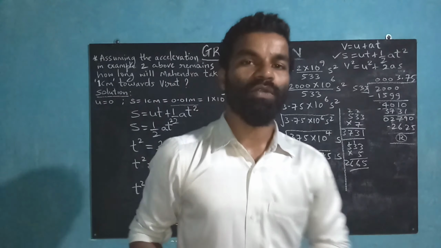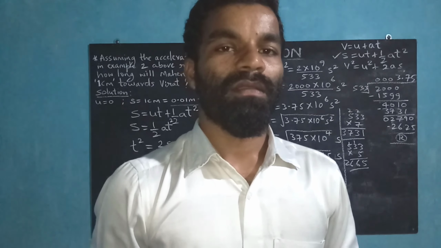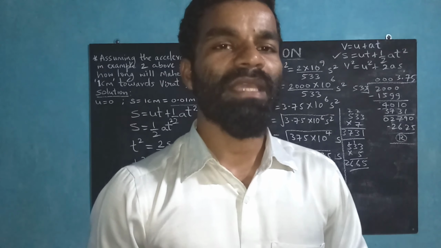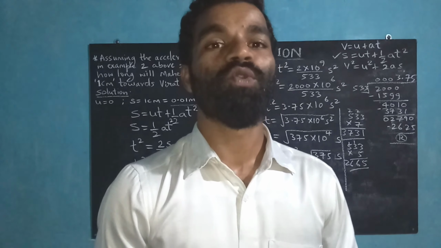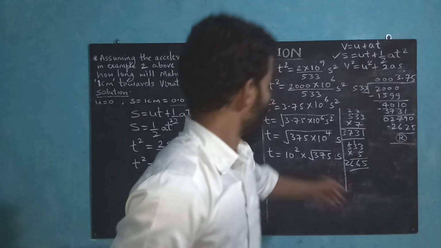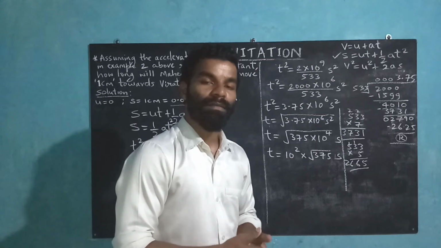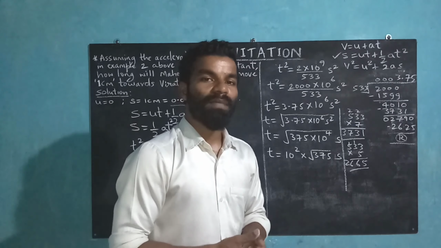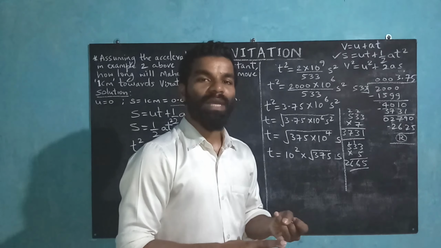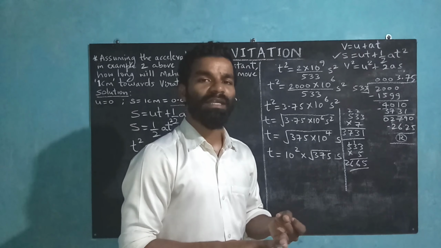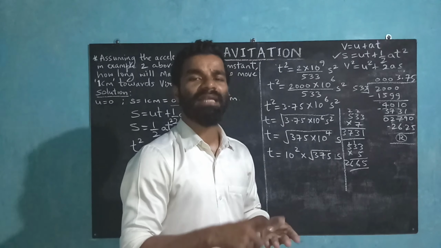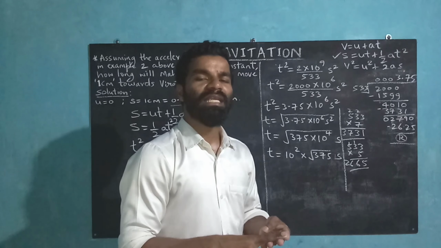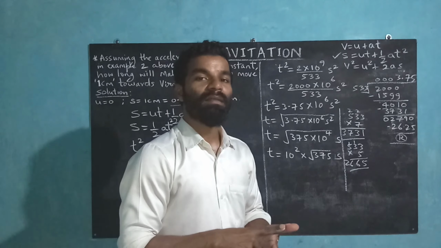So what is the square root of 375? There are no calculators, no logarithmic books allowed for the exam, so you have to do these calculations on your own. So you must be knowing squares of the numbers. 15 square is 225, 16 square is 256, 17 square is 289, 18 square is 324, 19 square is 361.